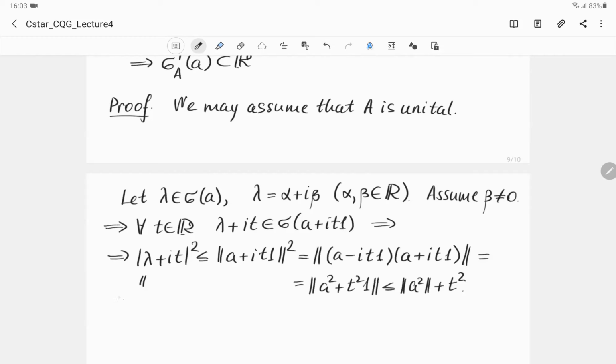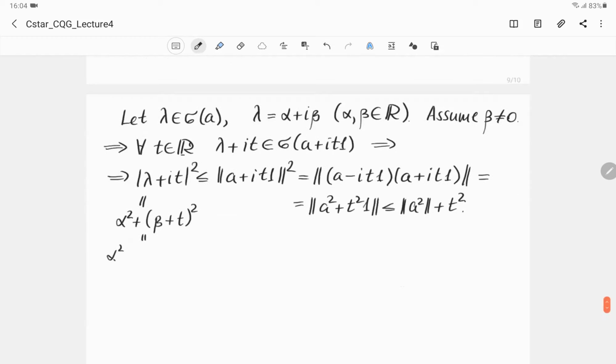So this is alpha squared plus beta plus t squared, which is alpha squared plus beta squared plus 2 beta t plus t squared.